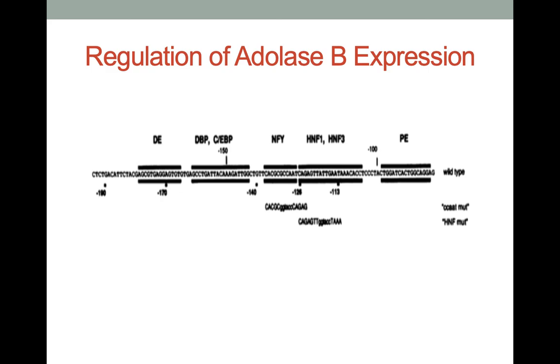However, HNF3 served as a competitive antagonist or inhibitor to the activation of HNF1, and it also non-competitively inhibited the activation of DBP. So there's lots going on here, and all of these factors lead to whether aldolase B is expressed or not expressed within a cell.